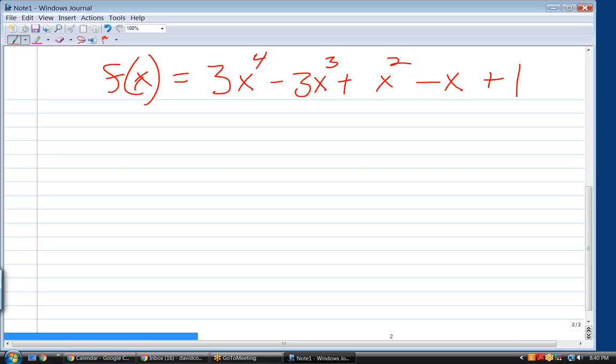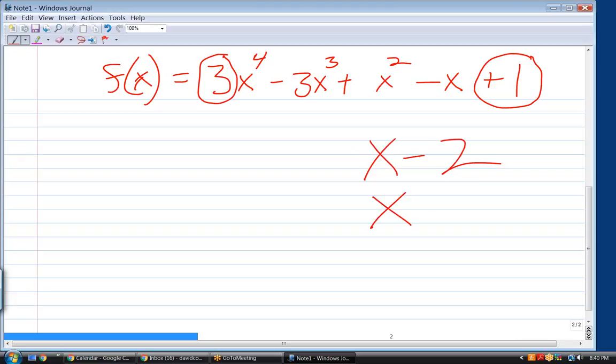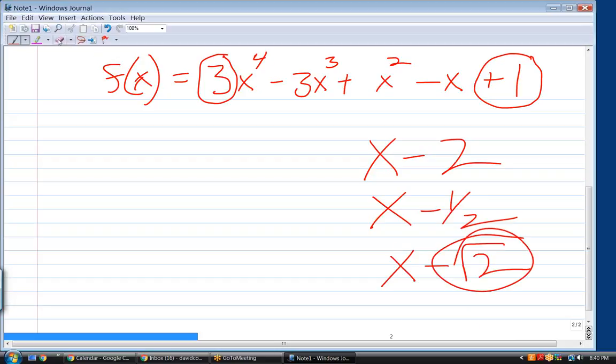The only thing you know at this point is that if there is a rational factor, its numerator is a factor of the constant, and its denominator is a factor of the leading coefficient. Wait, what does rational factor mean? It means the factor is going to be x minus a rational number, like x minus a half. It's not going to be a square root. That's not rational.